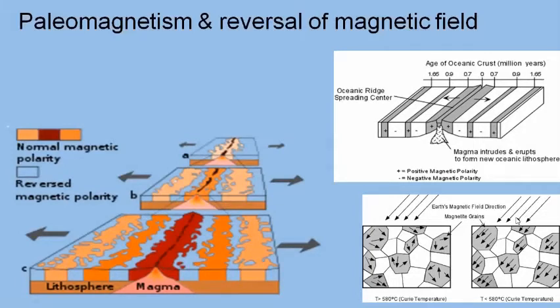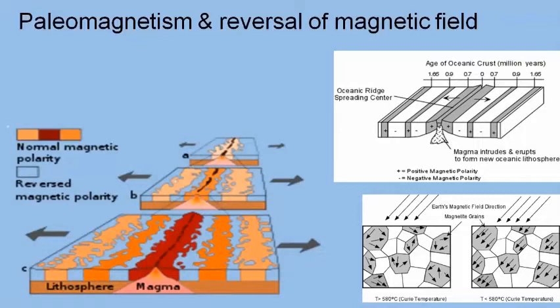This is very obvious. Supposing in a particular couple of years rocks are formed, then the minerals in them will be aligned according to the Earth's magnetic north and south, not the geographic north and south.